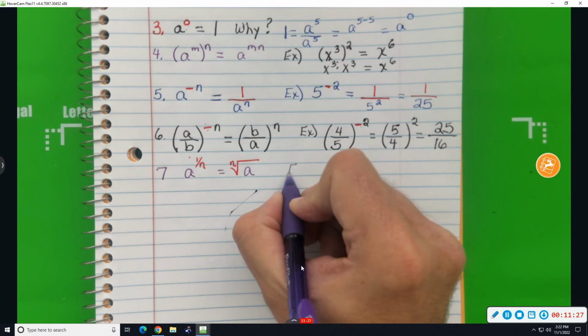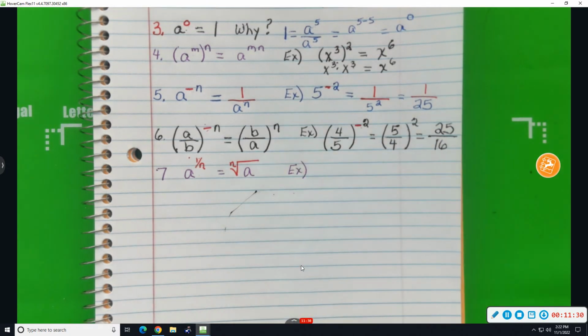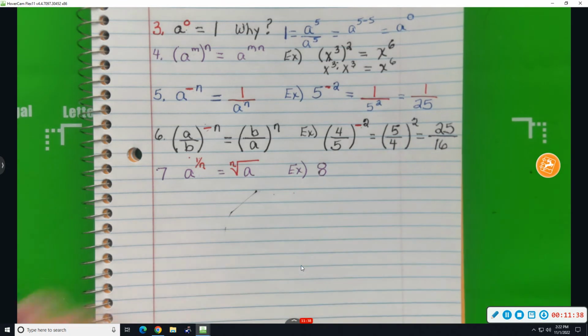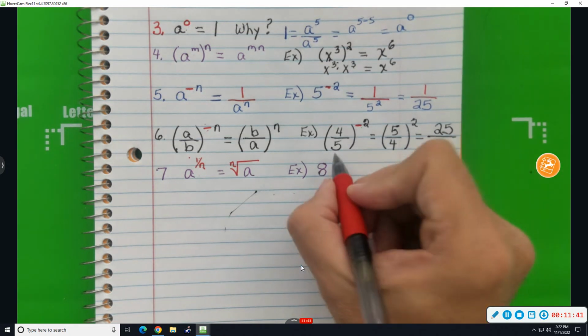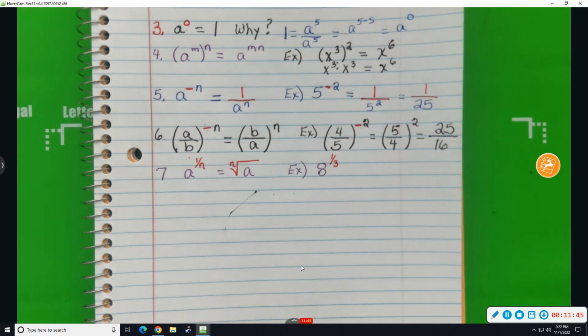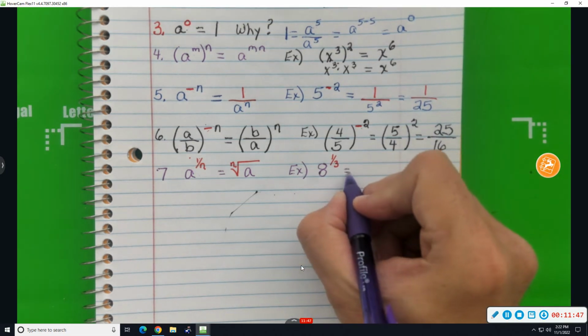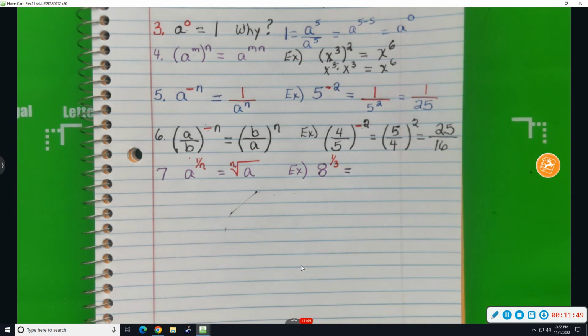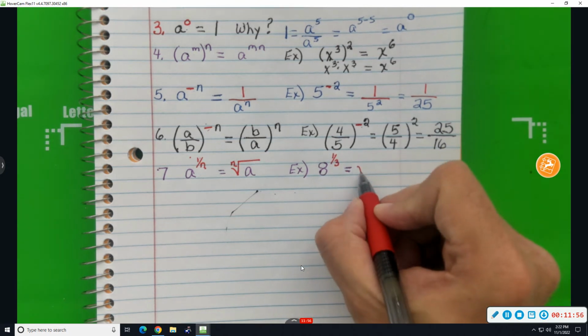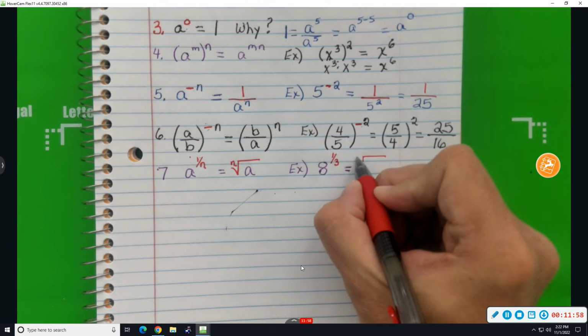For example, suppose we had the number 8 raised to the 1/3 power. Watching the colors, this 1/3 exponent means cube root.